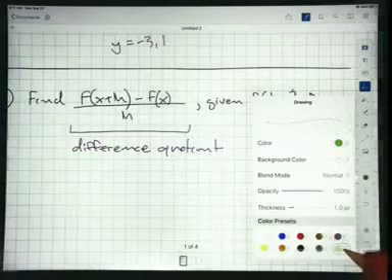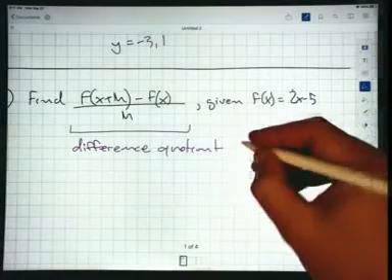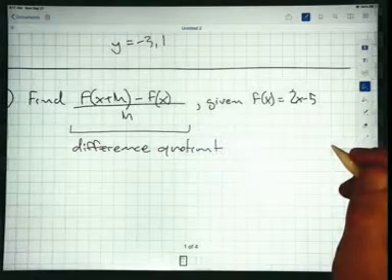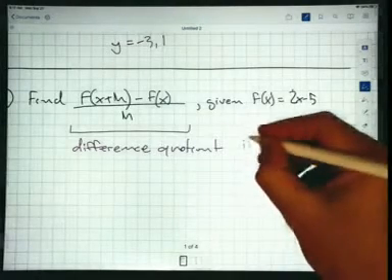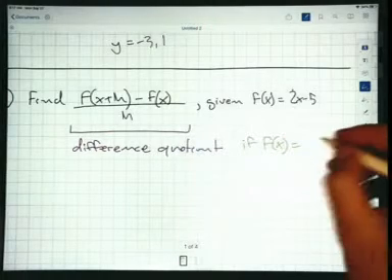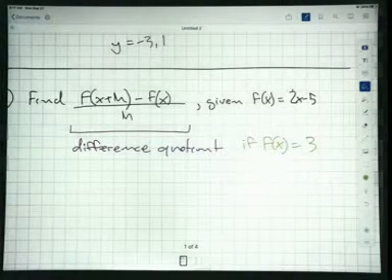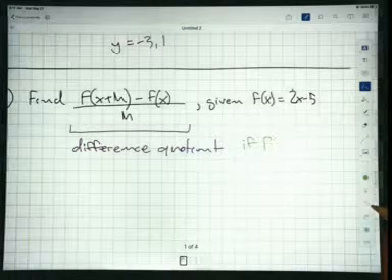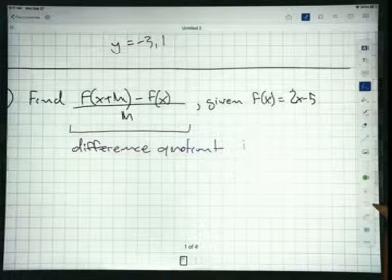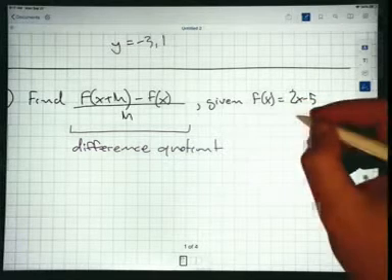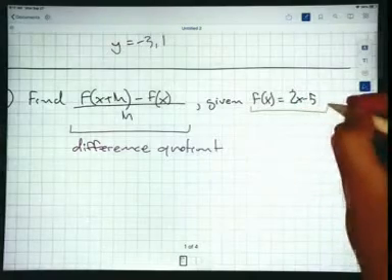Just a real quick side example. Let's look up here.